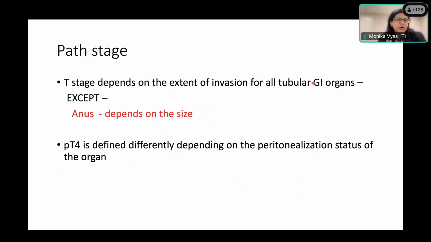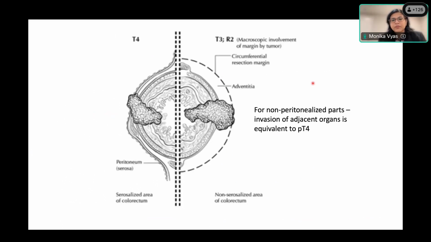And pT4 designation is differently applied depending on the peritonealization status of the organ. What I mean by that is when you have an organ, say on the left side, which is invested by the serosa, and you have the tumor involving the serosa, then that is a pT4 stage.